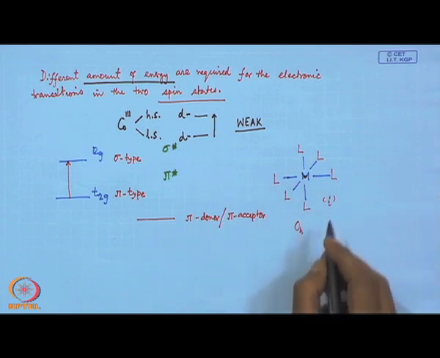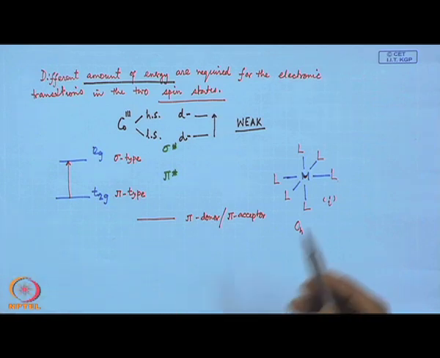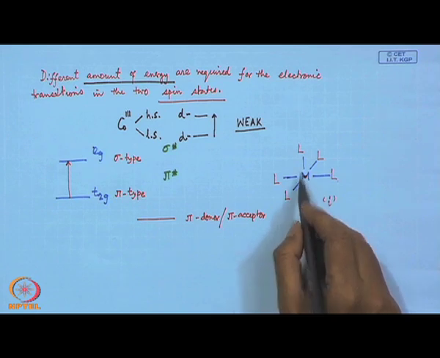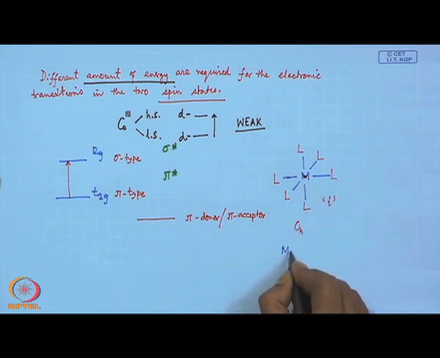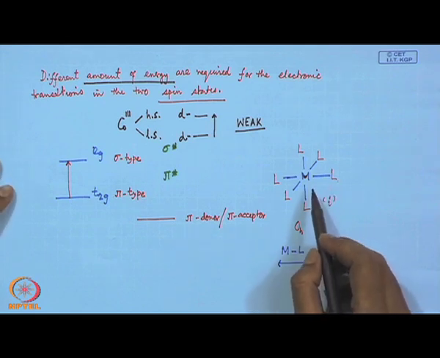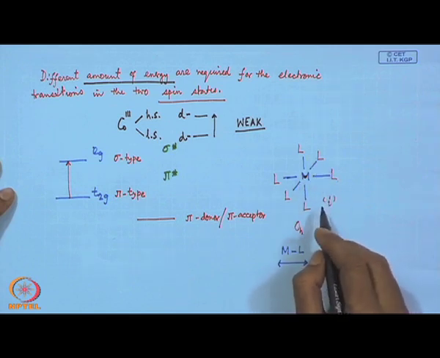Now, since the coordinate covalent bonds between the metal and ligand are under thermal vibration, these metal-ligand bonds are compressed and stretched depending on the vibration. With an unsymmetrical vibration, one bond gets longer and another gets compressed, so the inversion symmetry is lost.